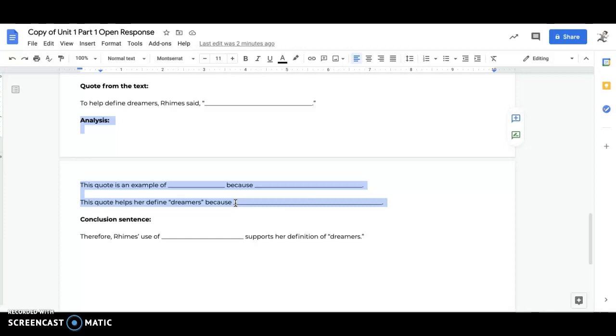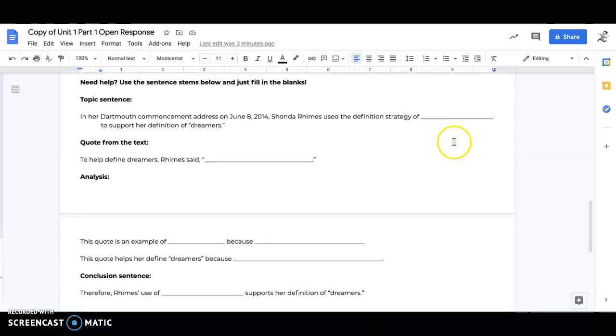What does it tell you about a dreamer? And finally, conclusion sentence, you just have to put in the name of that definition strategy a second time. So therefore, Rhimes' use of classification supports her definition of dreamers.